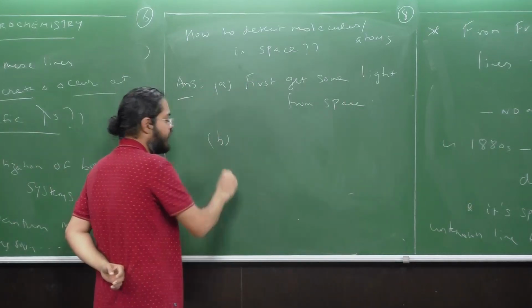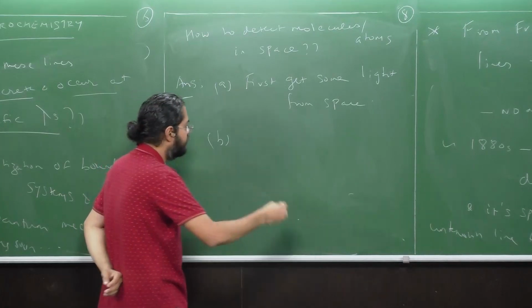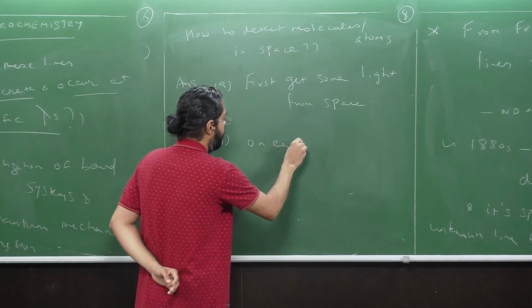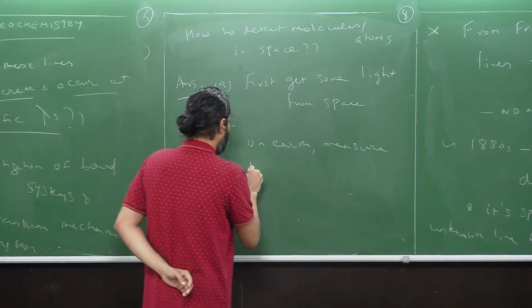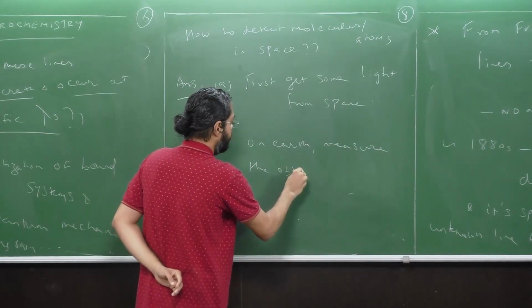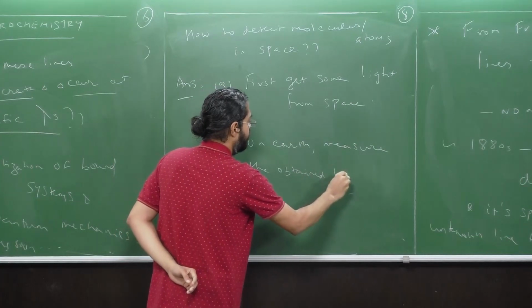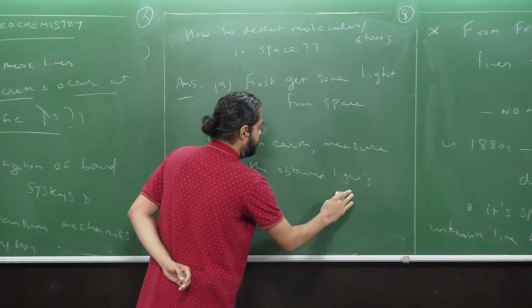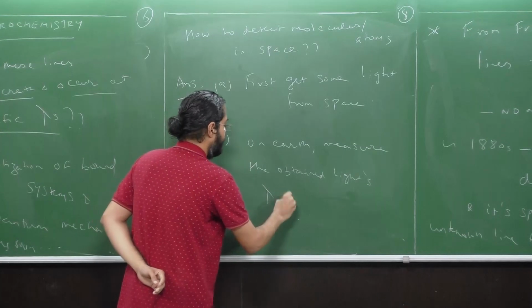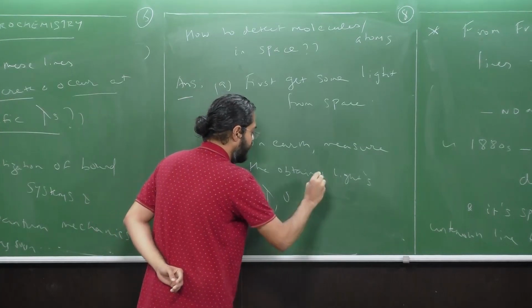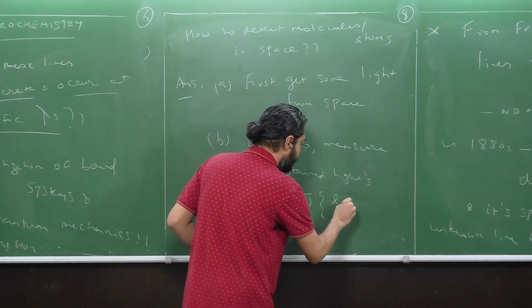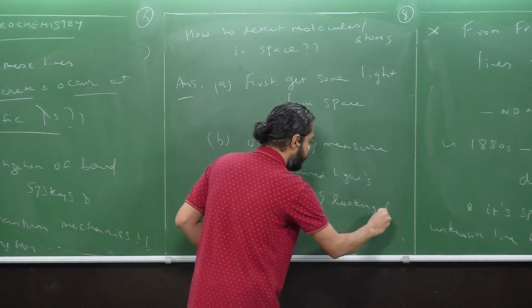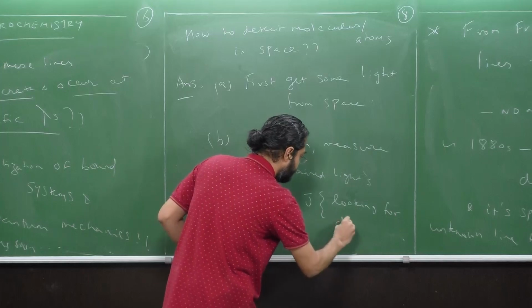And B, on Earth, measure the obtained light's wavelength, frequency, and the wave number, all of these, especially looking for discrete lines.